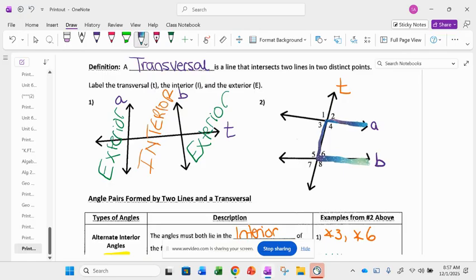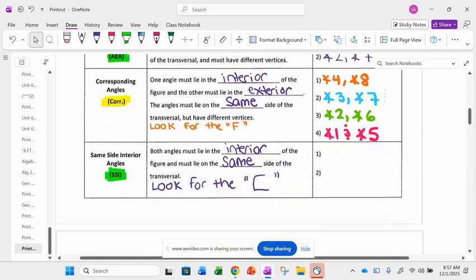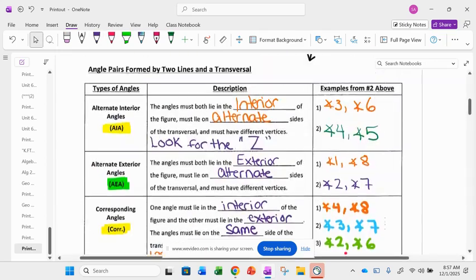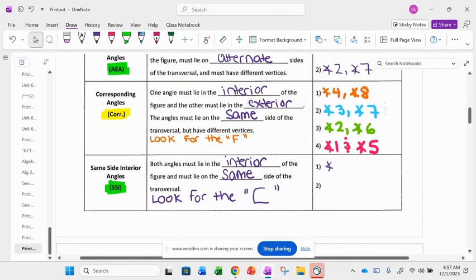Do you guys see how I made that C? That very boxy C? Which angles are in the armpits of this boxy C? 4 and 6. So that's one pair of interior same side, ISS, or SSI, same side interior. So we're going to have angles, what did I say? 4 and 6.